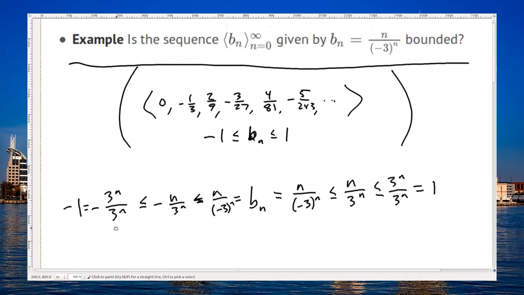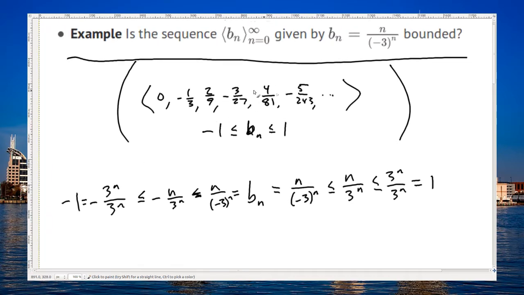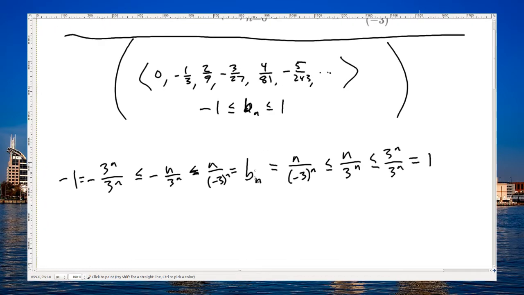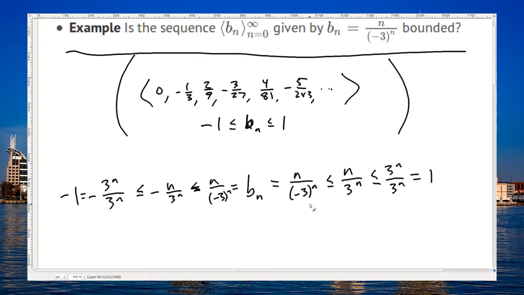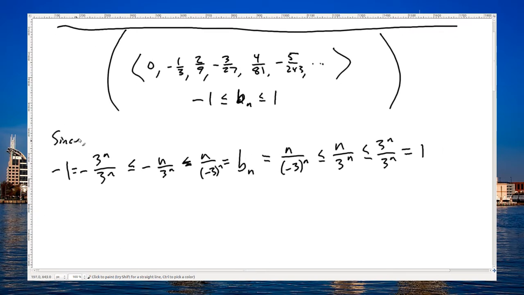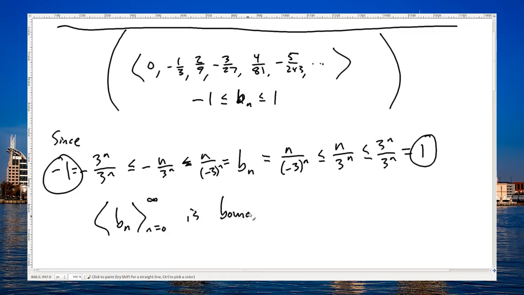So there's a more rigorous proof of what was kind of obvious if we just wrote out the numbers, that the bn's are trapped between -1 and +1. So since we have a lower bound and an upper bound, the sequence of bn's is bounded.